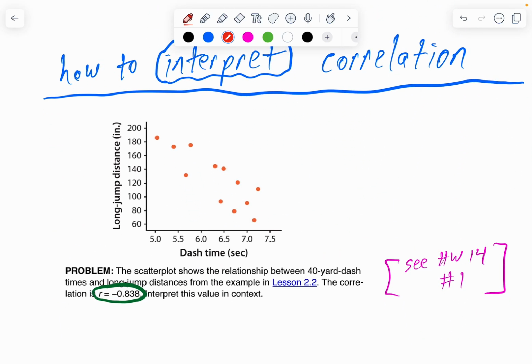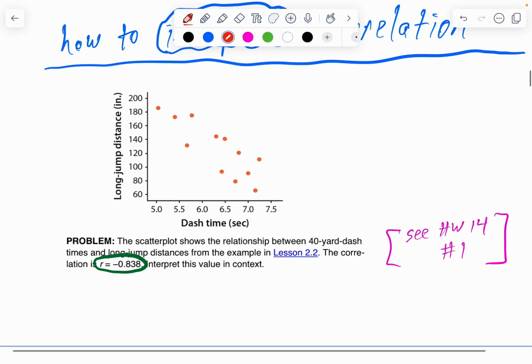All right, so how to interpret a correlation coefficient? Here is some data that you've seen in the past. This is how fast someone runs the 40-yard dash, and then their long jump distance measured in inches.